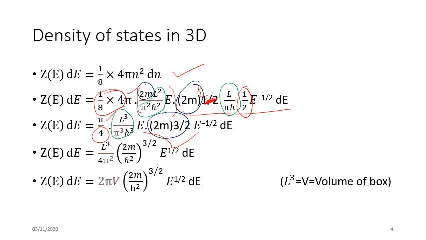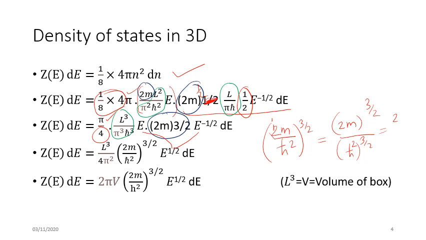This L, 2m upon h cross square is raised to 3 by 2. If I write it like this, it will be 2m raised to 3 by 2 divided by h cross square raised to 3 by 2. So this will be twice m raised to 3 by 2 as it is, divided by h cross cube, because the 2 and 2 get cancelled.